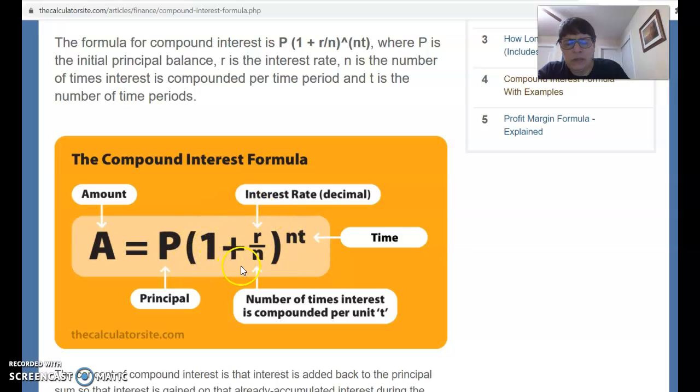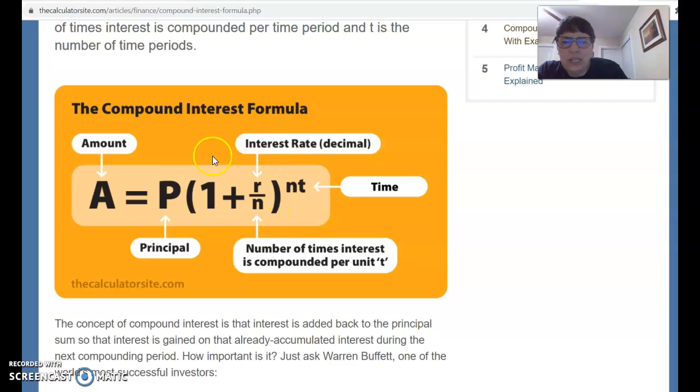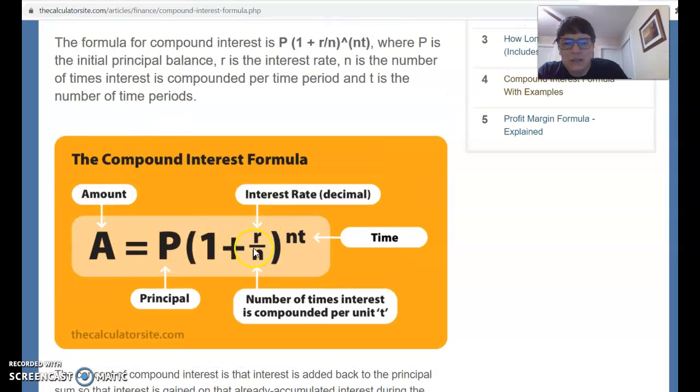And people found that as you compounded more often, instead of monthly, weekly or daily or every hour or every minute or every microsecond, this number here changed to something called E. It's just a number, but it started approaching, taking a limit towards E raised to the interest rate times the time.